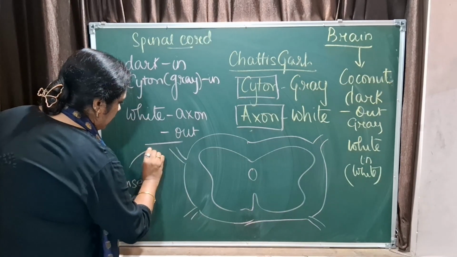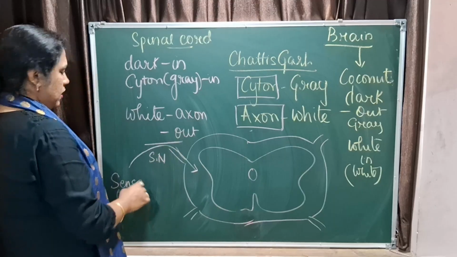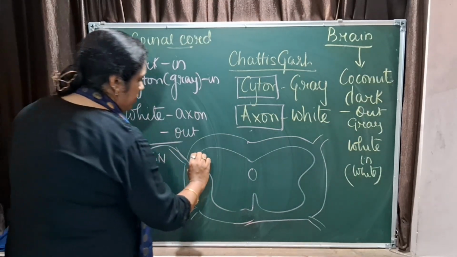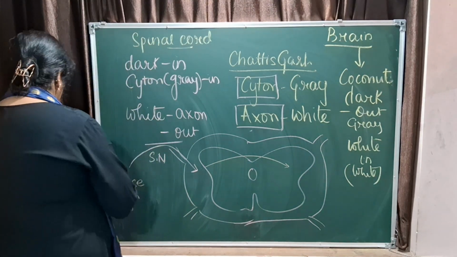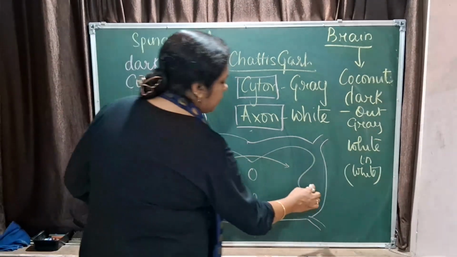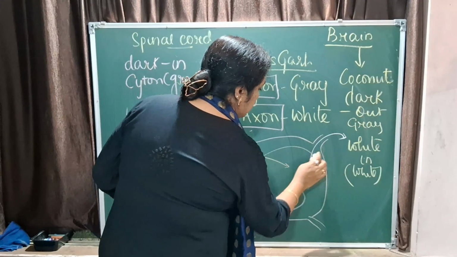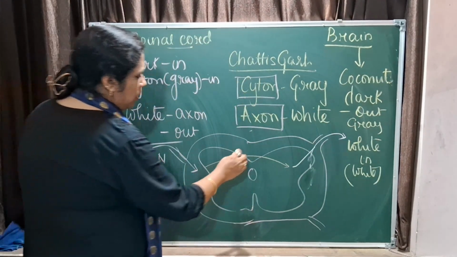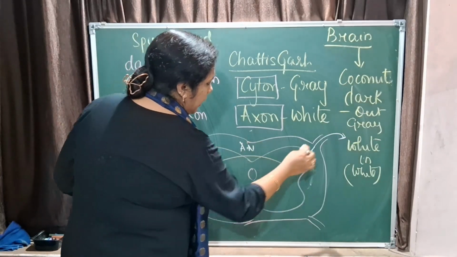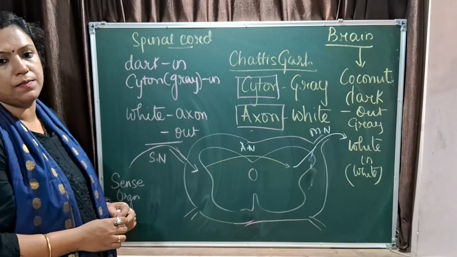So you will have a sensory neuron, then here you will have a motor neuron, and then you will relay the information. No, this one is not a motor neuron, it is an association neuron. So you have sensory neuron, association neuron, and you have motor neuron. This is your reflex action.